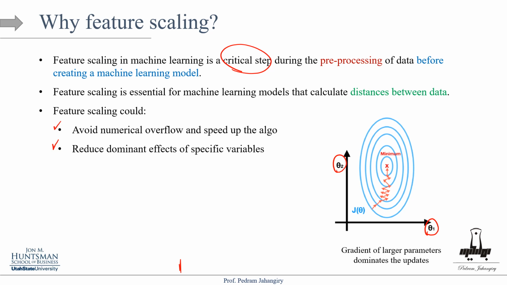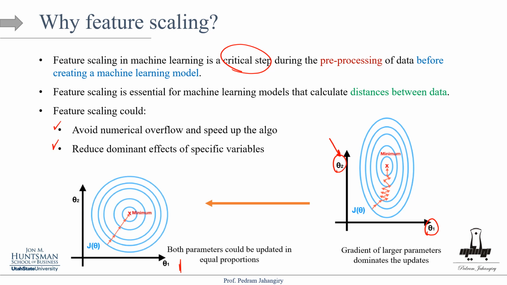So in this example, with a different range for each feature, which means a different range for the parameters themselves, the contours may be extremely skinny, which will make gradient descent suffer from extremely slow convergence, right? So then what's the solution? By scaling or normalizing the features, we can be sure that both parameters in this example could be updated in equal proportions, right?